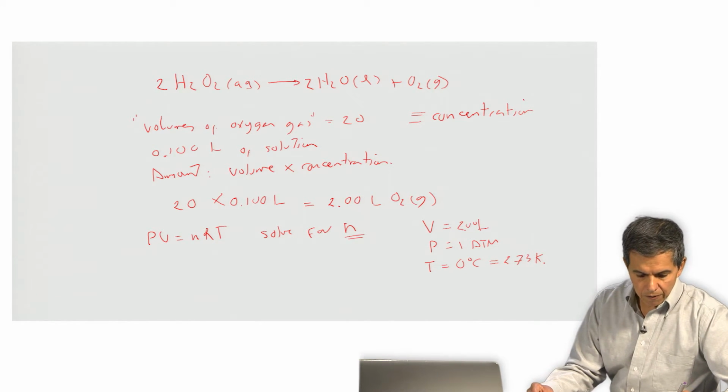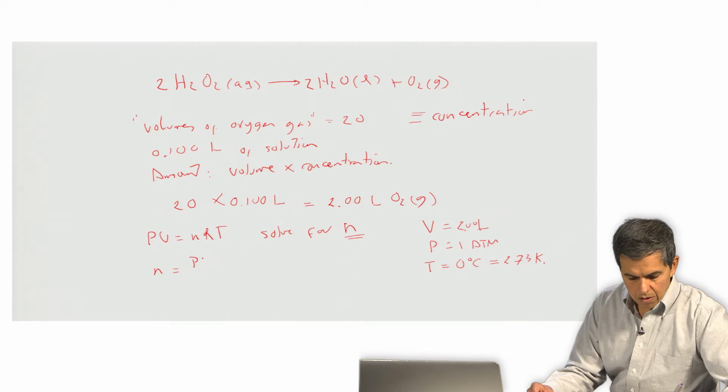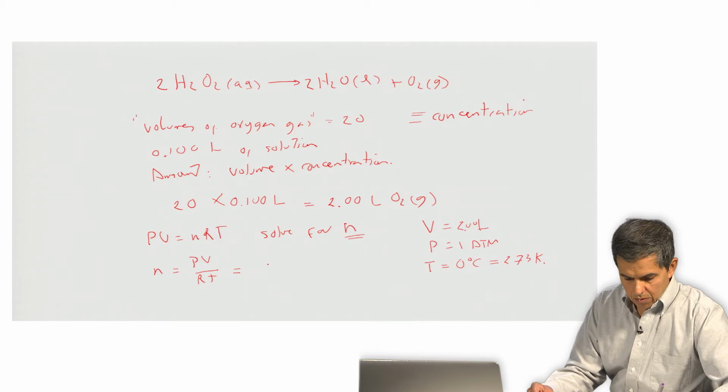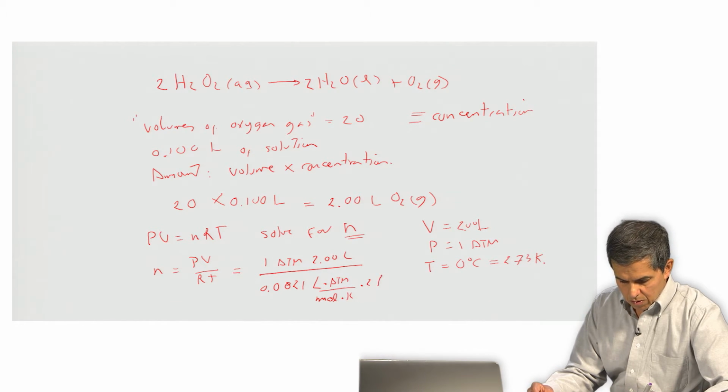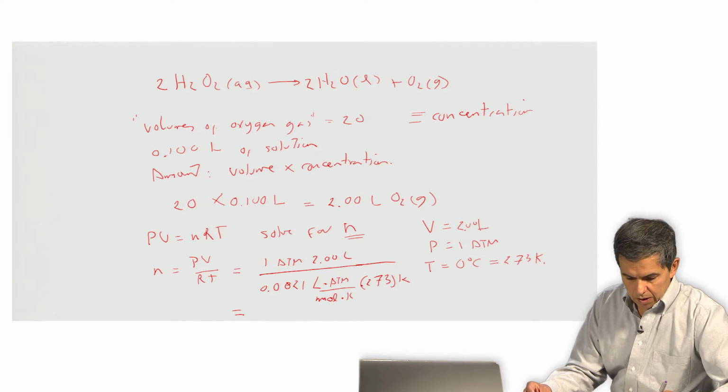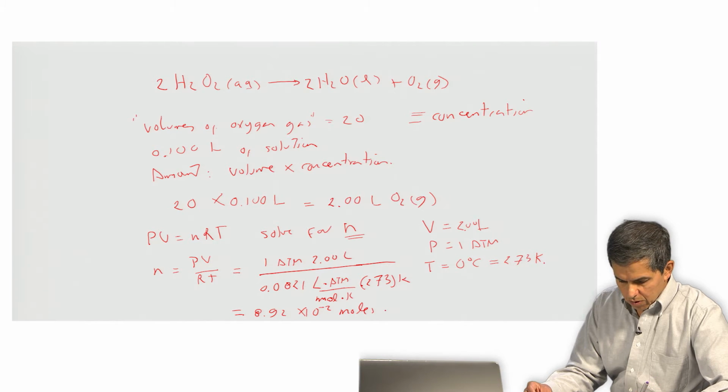And then if we solve for n, we should be able to get the number of moles, which is 8.92 times 10 to the minus 2 moles of oxygen.